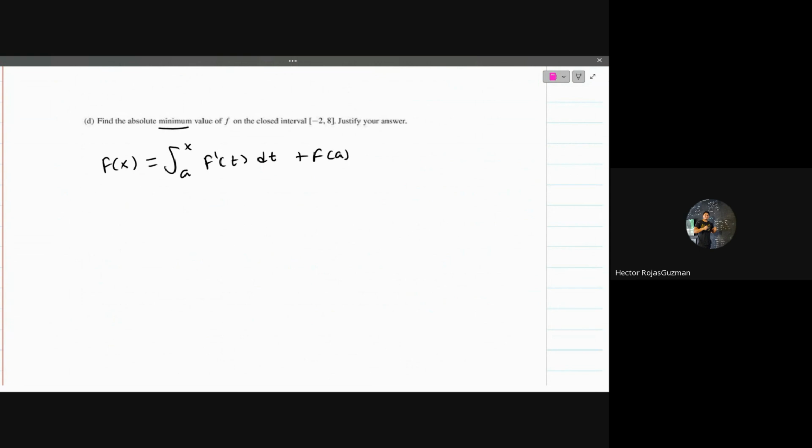This right here is something that you guys should know. We talked about it during class, right? It's how to write the equation of a function given a derivative without actually necessarily integrating, where f of a is the initial condition.